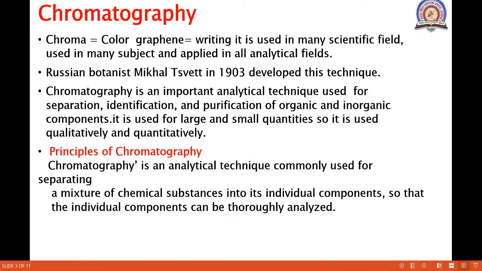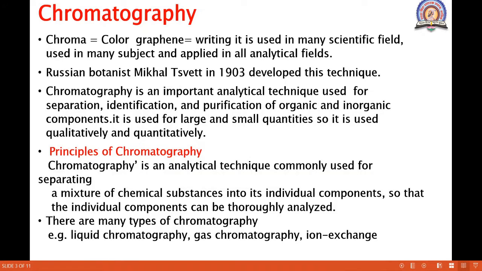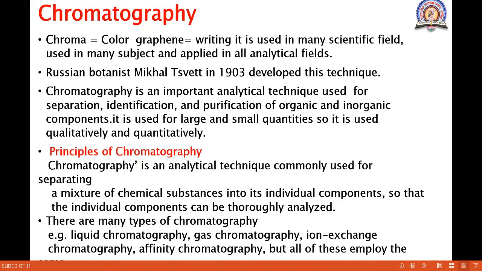That means we have to separate the components present in the mixture and those components are analyzed by different techniques. There are many types of chromatography techniques. Among them, liquid chromatography, gas chromatography, ion exchange chromatography, affinity chromatography, all of these employ the same basic principle. All these techniques have the same principle.